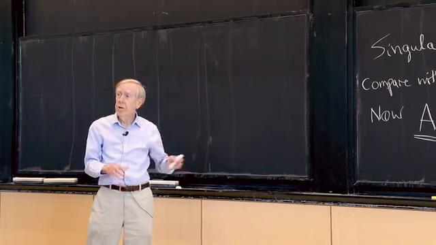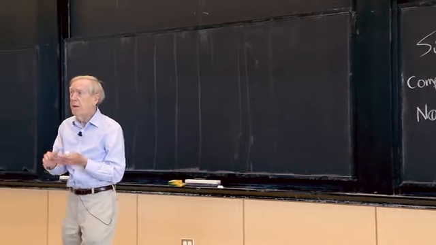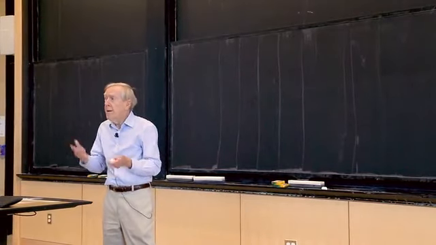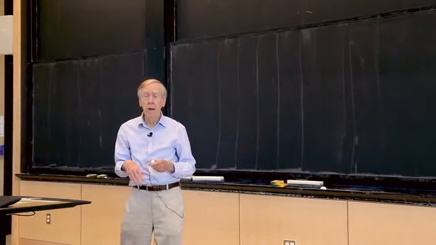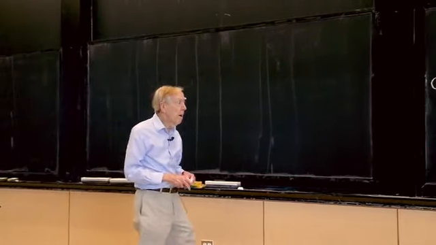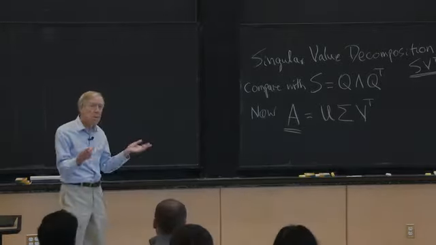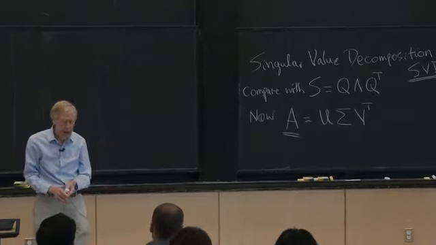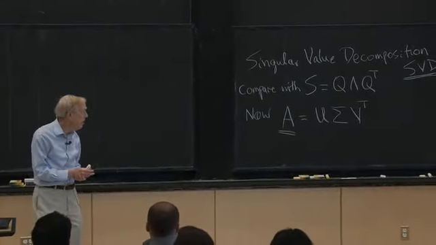But for a general square matrix, either the eigenvalues are complex, or the eigenvectors are not orthogonal. So we can't stay with eigenvalues forever. And this is the right thing to do.